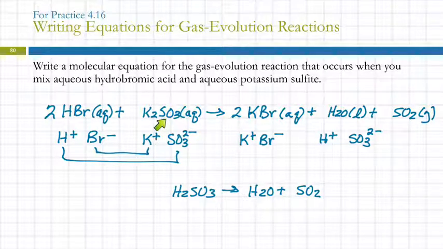I've got 1 sulfur and 1 sulfur, 3 oxygens, 1 plus 2, 3 oxygens. So this is an example of a reaction where a polyatomic ion does not remain intact. The sulfite ion, when it combined with hydrogen, was unstable, and so I don't have sulfite anymore. It came apart. Any questions?